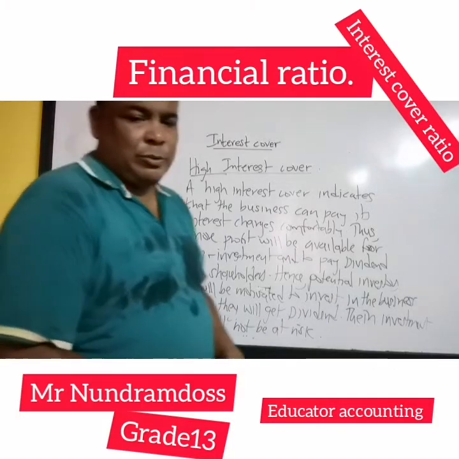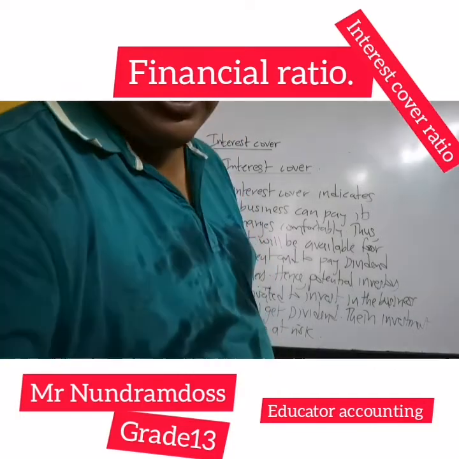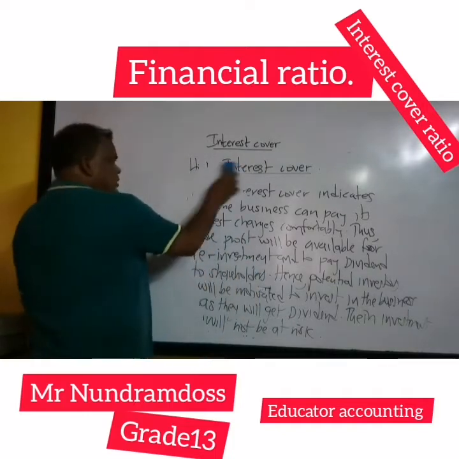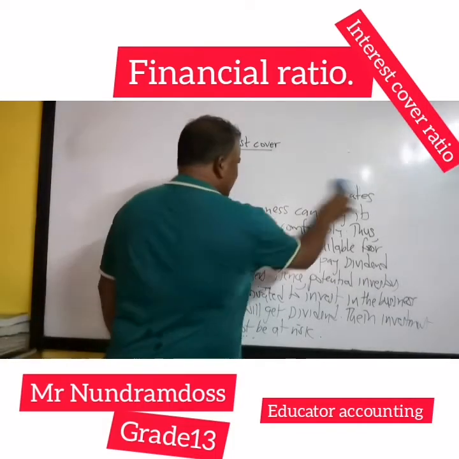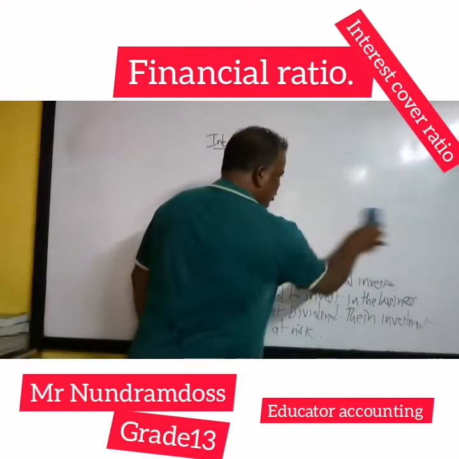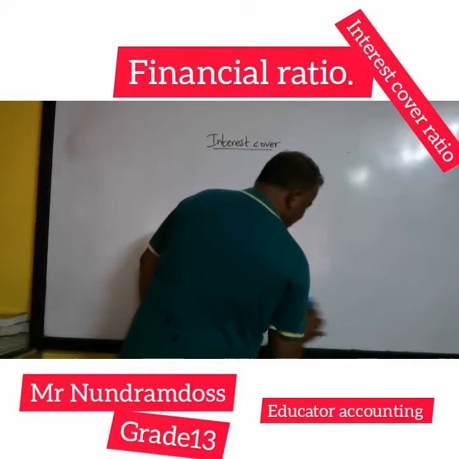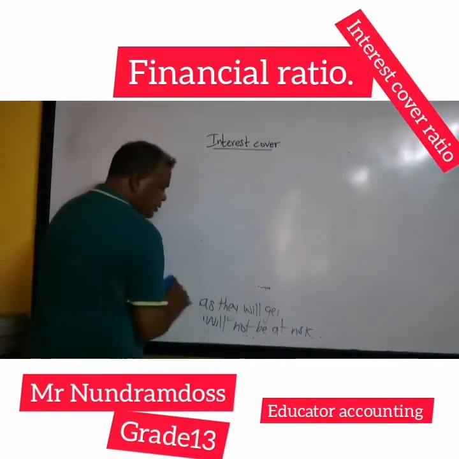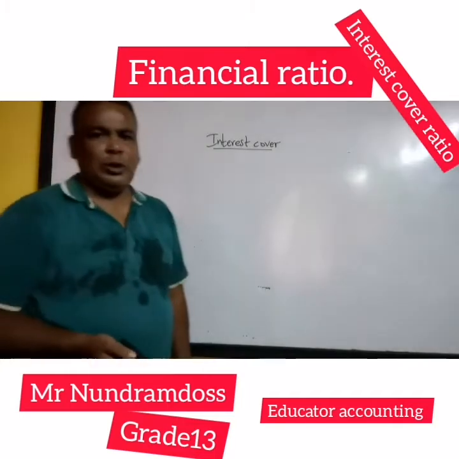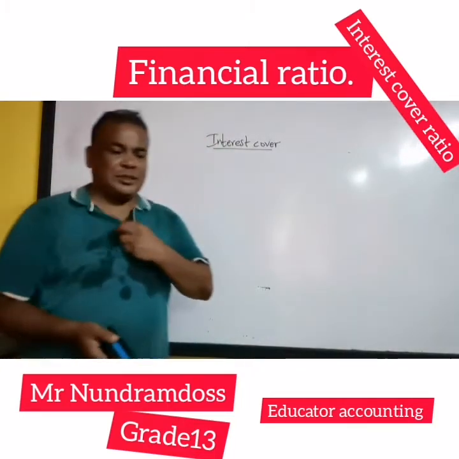So we are going to make a recapitulation of what we studied so far concerning interest cover. Interest cover indicates the number of times interest is paid out of operating profit. It can be calculated, that is, interest cover is equal to profit before interest over interest.